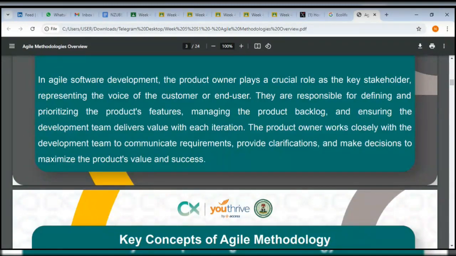I'll give you an example of that: stand-ups. I do hope everybody knows what a stand-up is by now. A stand-up is under Scrum, but Scrum is under Agile methodology. It is usually a 15-minute morning meeting where everybody on the development team gives feedback on what they are working on and how far they've gone, the pushbacks or roadblocks they are facing, or the acceleration they are experiencing in their process.